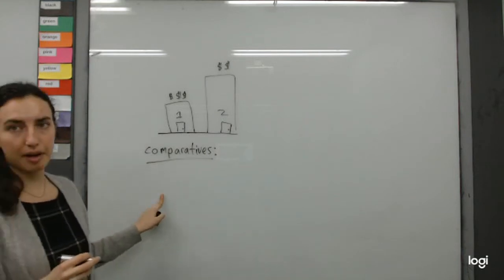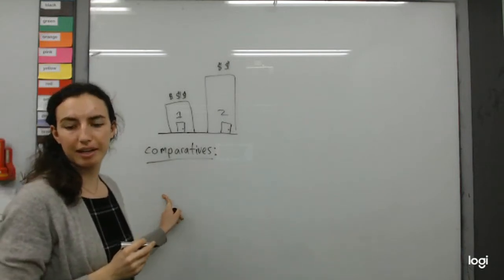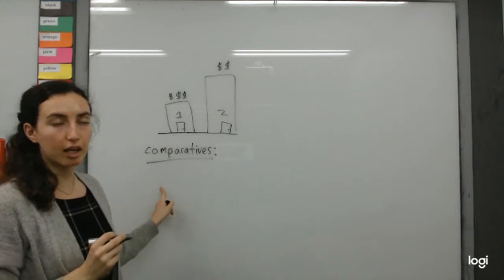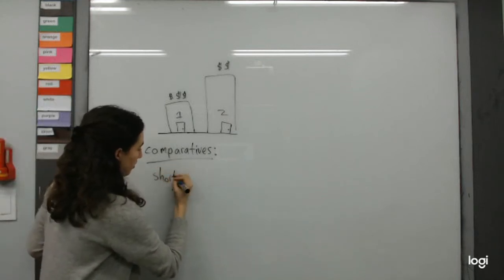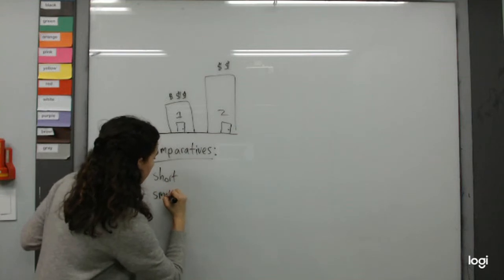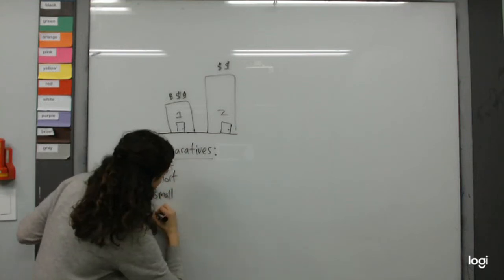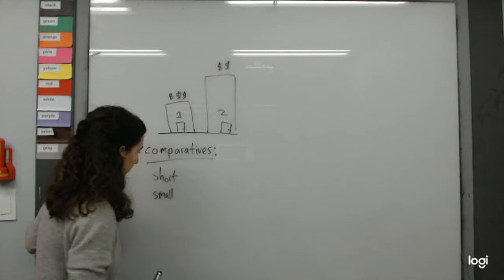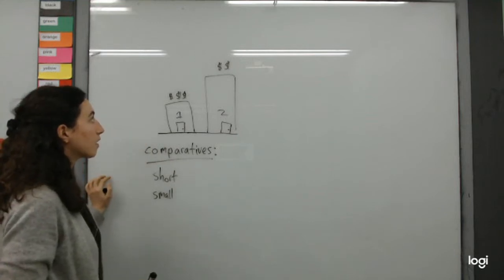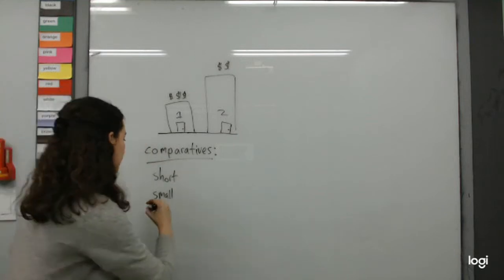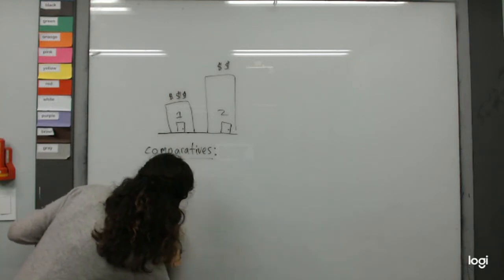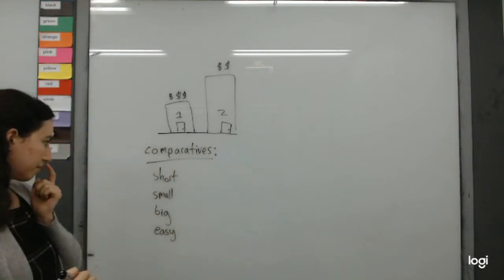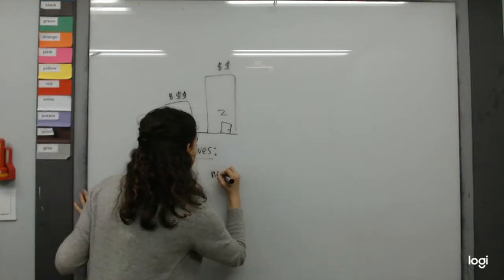When we make a comparative, we take a normal adjective: short, small, big, easy, nice.